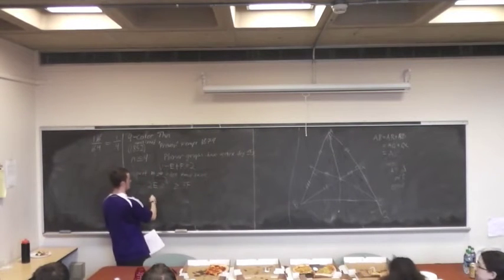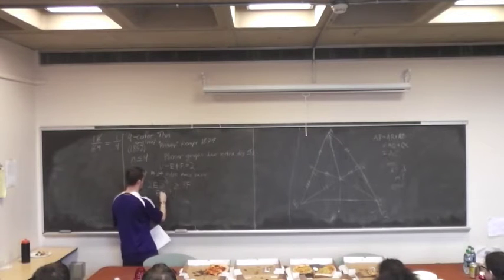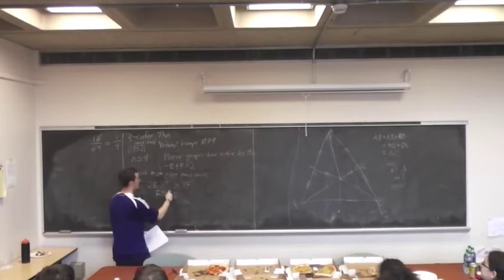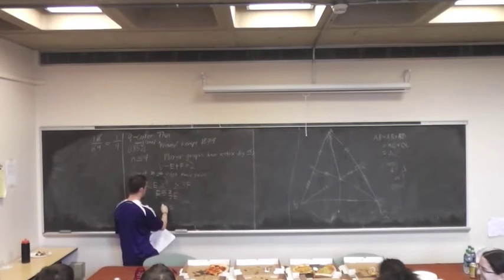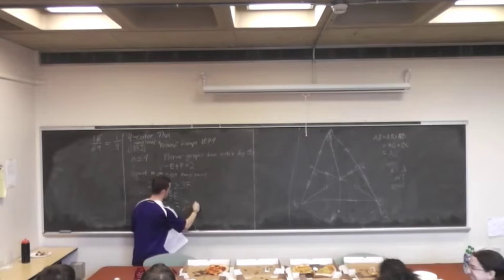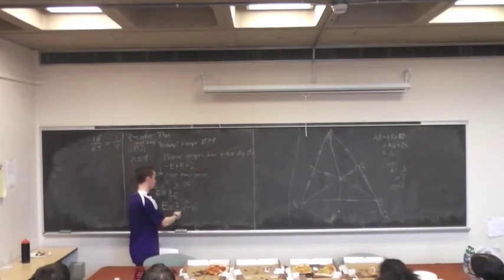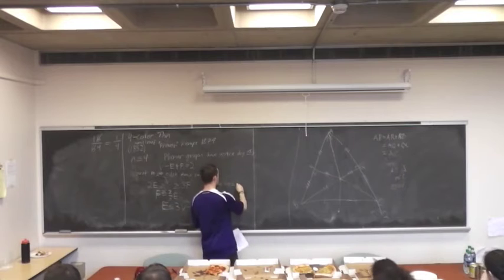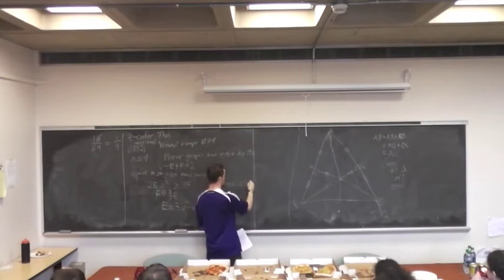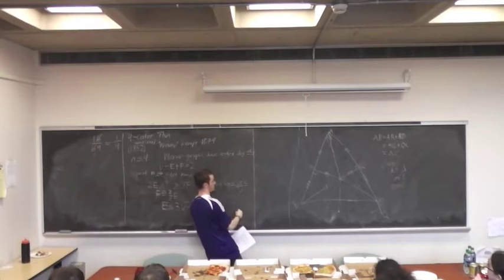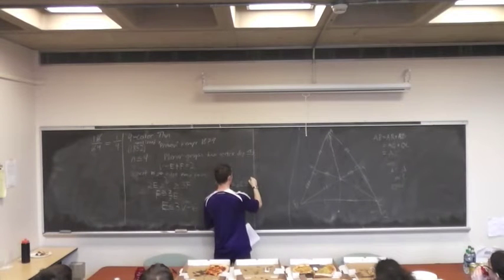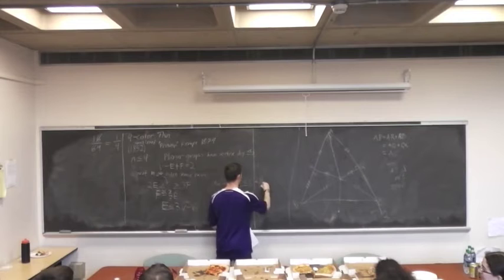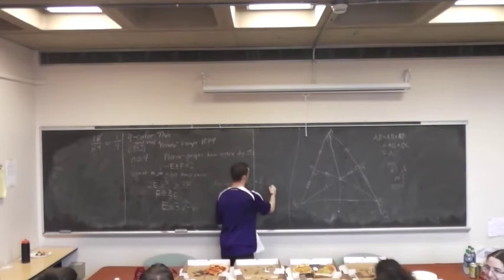Alright, so you have this, then f is less than or equal to 2/3 e. You plug it in, you get e is less than or equal to 3v minus 6, and you take the average degree, which is 2 times the total number of edges divided by the number of vertices, which is less than or equal to 6 minus 12 over v, which is strictly less than 6.